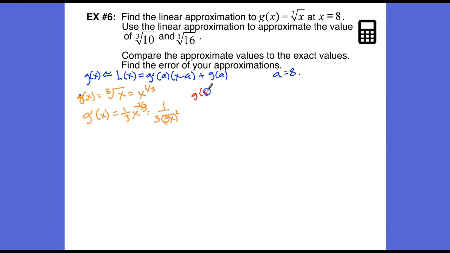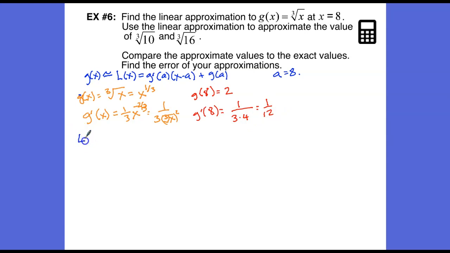Now, g of 8 is the cube root of 8, which is 2. G prime of 8 is 1/3 times the cube root of 8, which is 2, squared, which is 4, or 1/12.